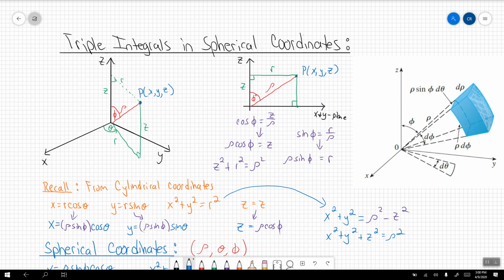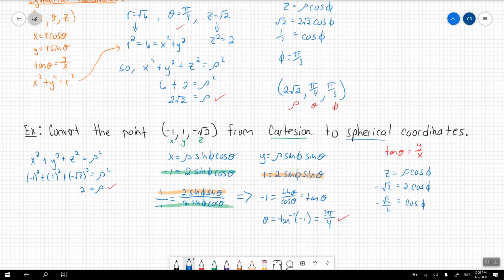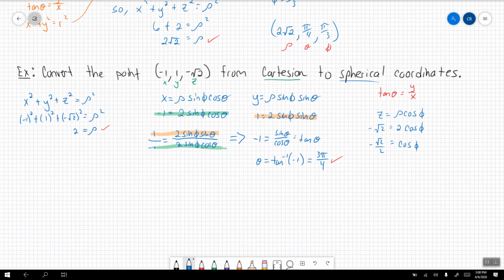It's going to be below the x and y plane, which means phi must be 3 pi fourths. So this ordered triplet under spherical coordinates now becomes 2, 3 pi fourths, and 3 pi fourths. That's it. That's all there is to it.